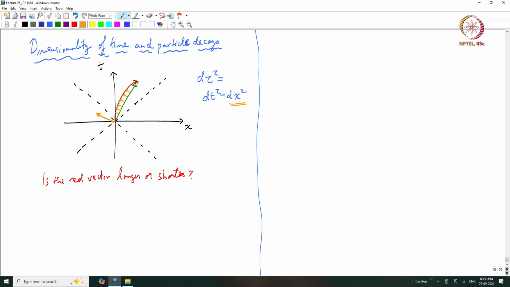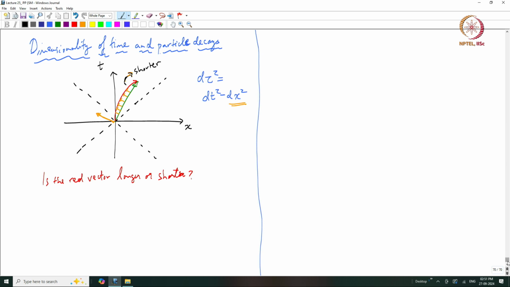If that is the case for the red arrow, let me write it in black now, the red one is actually shorter. You agree? dt squared is still the same, but in dx squared I have increased the dx squared component, so I have made the arrow shorter by doing this bend.